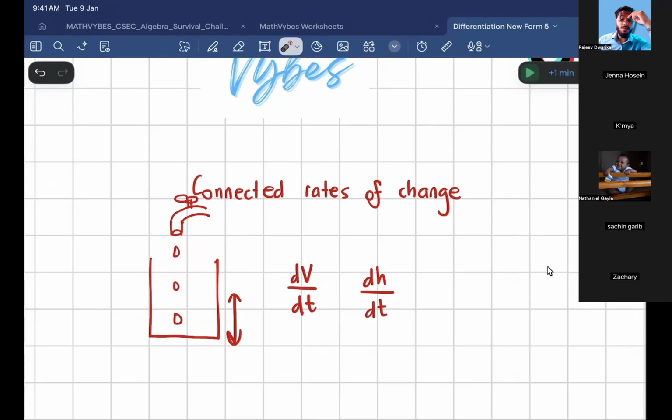That the container is almost full. It's almost full, right? So we're talking about the capacity. What do you call the amount of water in a container?